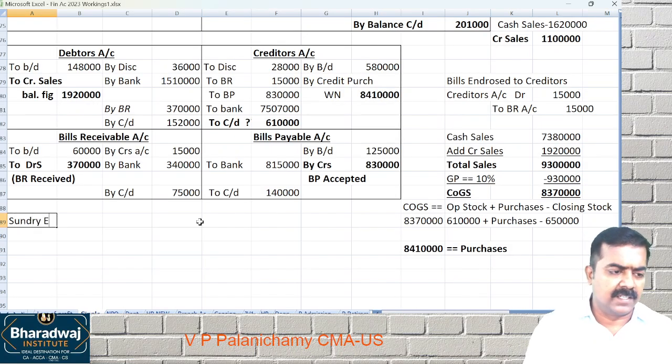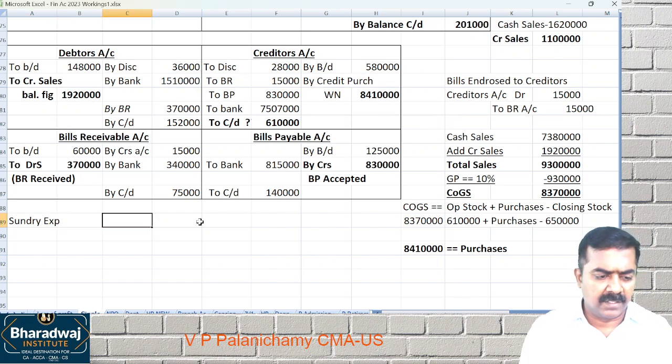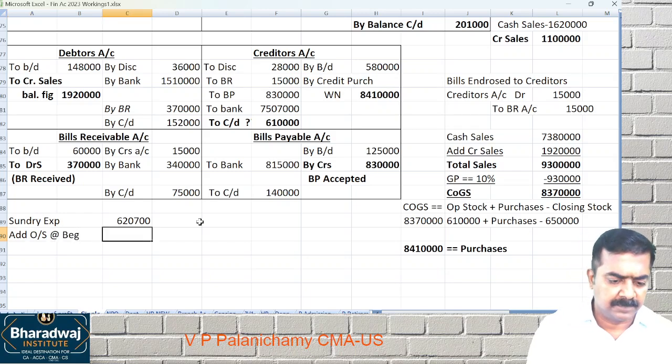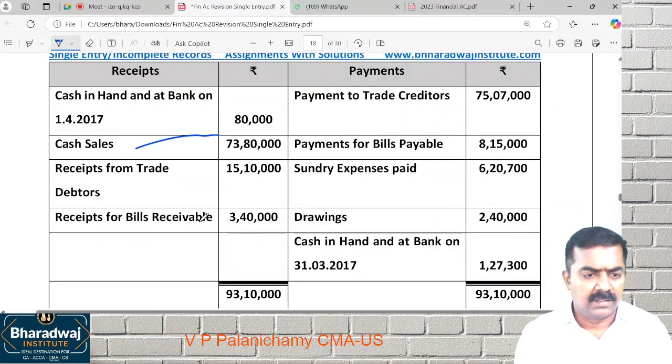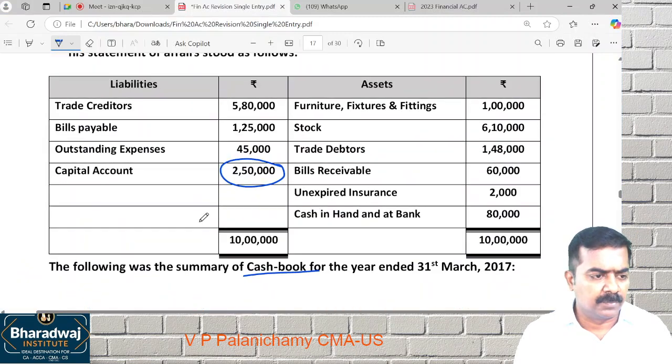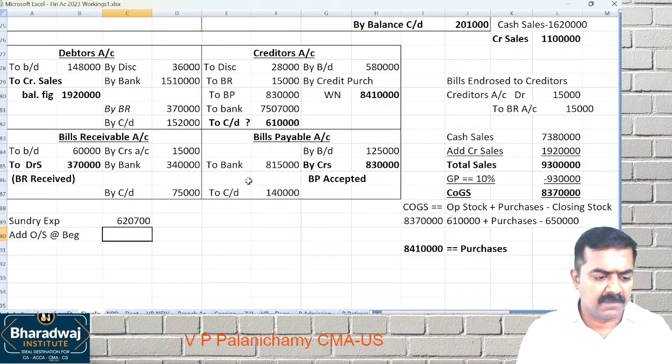Sundry expenses are clear. See how much we have paid.